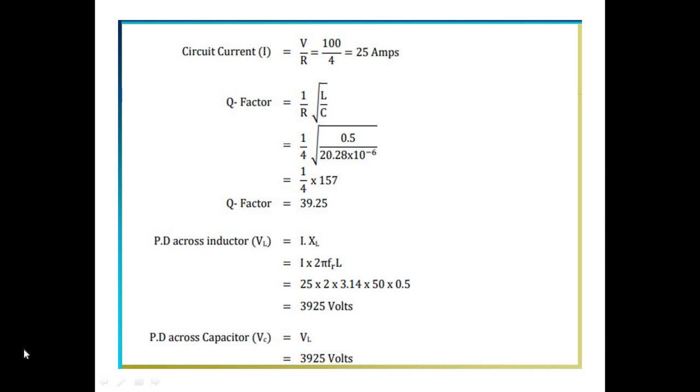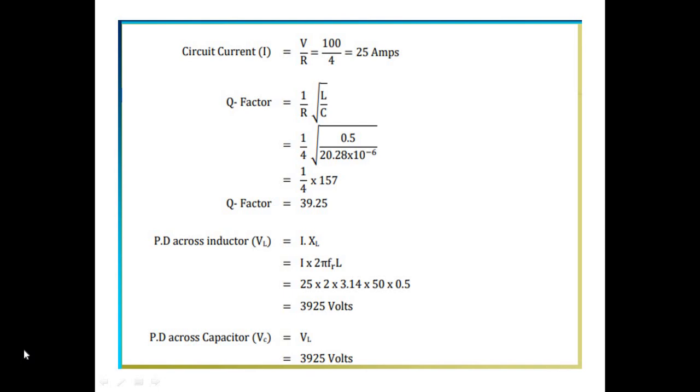Next, Q factor is 1 by R root of L by C, which is 1 by 4 root of 0.5 divided by 20.28 into 10 to the power minus 6, and the Q factor is equal to 39.25. Voltage across the inductor is I into 2 pi F into L. Here current is 25 amps, 2 into 3.14 into 50 into 0.5, which is equal to 3,925 volt.